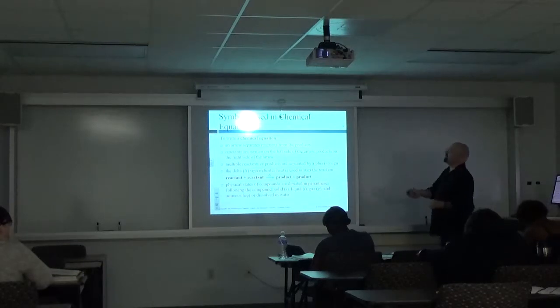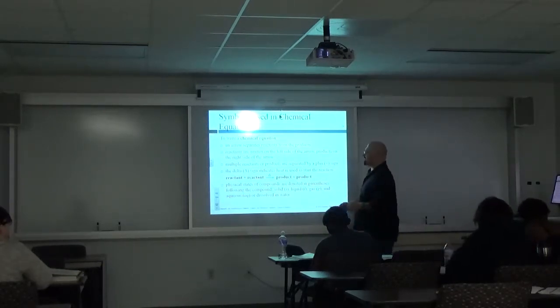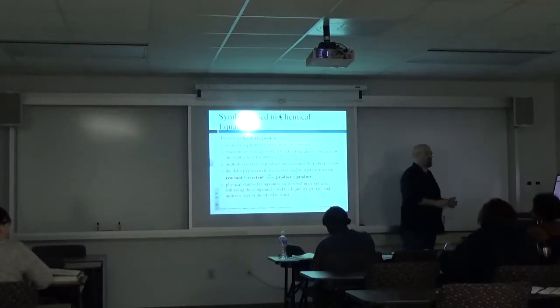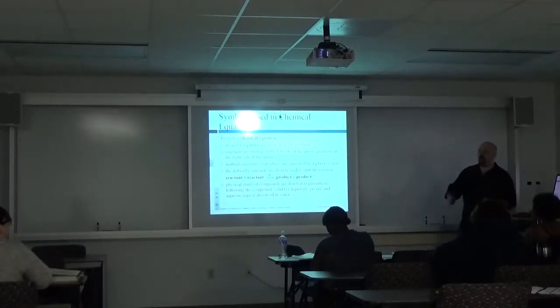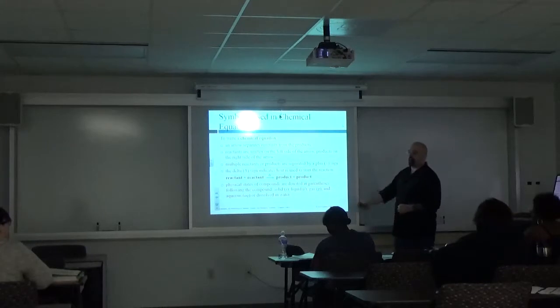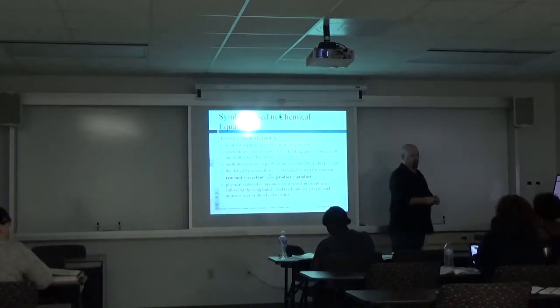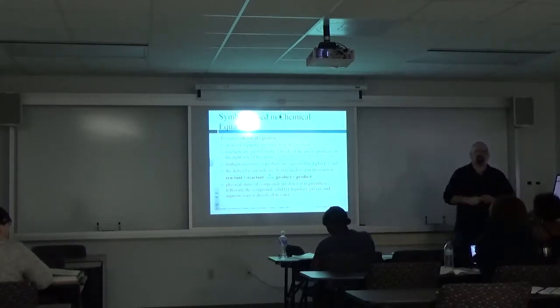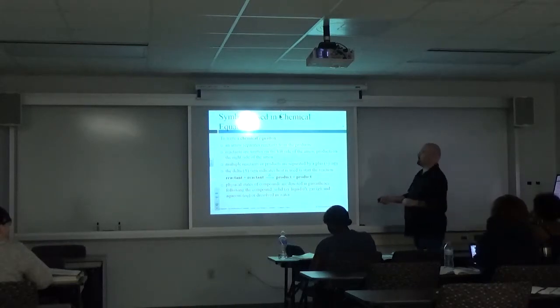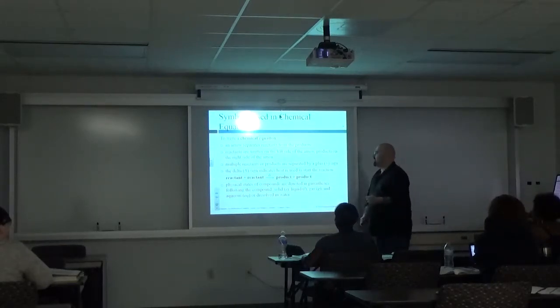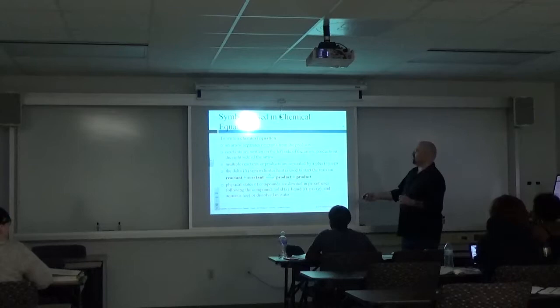So, to write a chemical equation, lots of words. We're going to write all of our reactants, the things that are combining, on the left side. Reactants react to make products. Products are the product of a reaction. So since we like to read left to right, we're going to put our reactants on the left, products on the right. The delta sign here over the arrow indicates that heat is used to start the reaction.